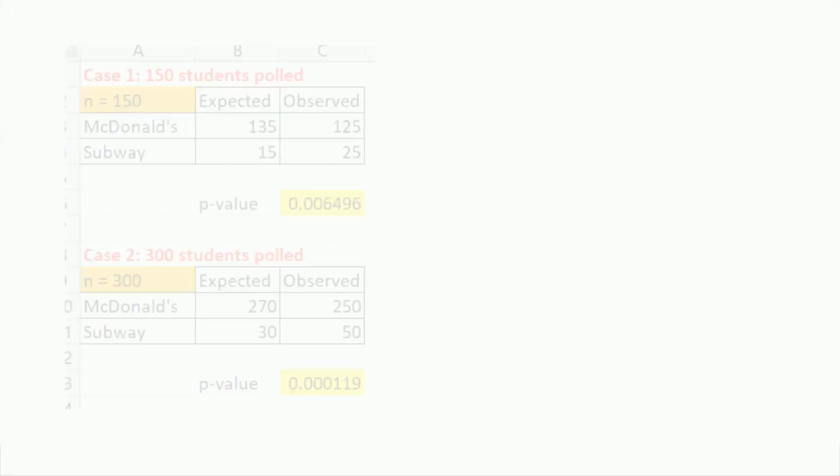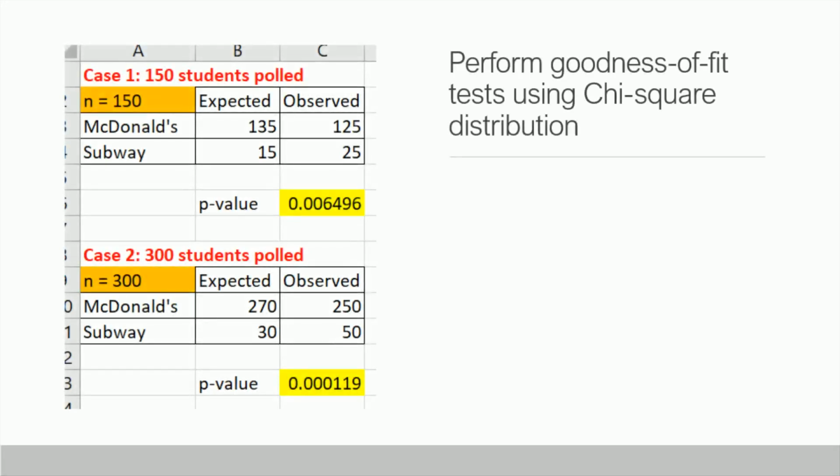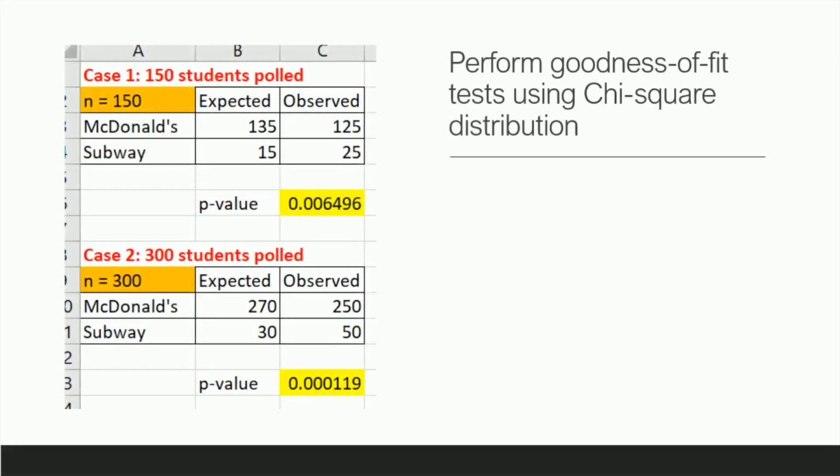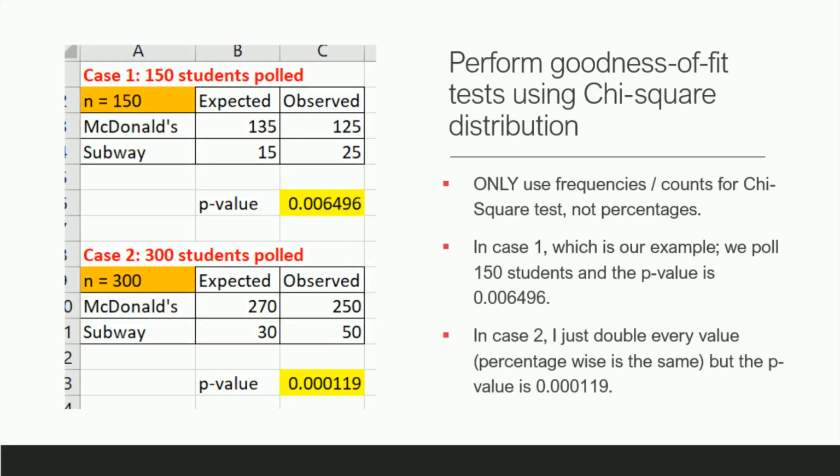Before we end, I want to emphasize that we must only use frequencies or counts for chi-square test, not percentages. Let's look at two examples. In case 1, which is our example in the previous slide, we polled 150 students and the p-value is 0.006496.